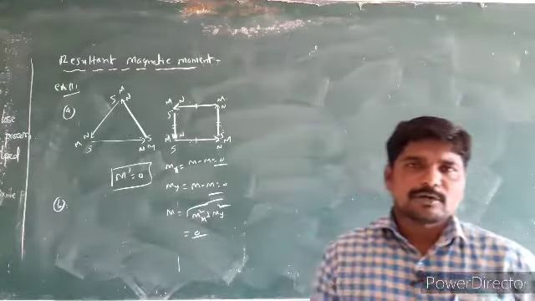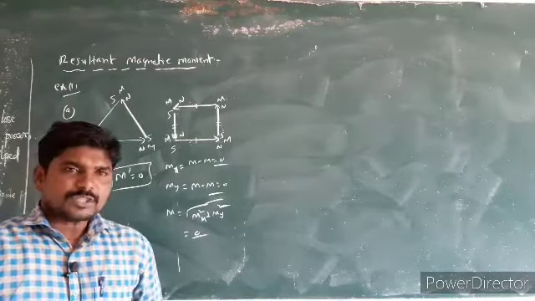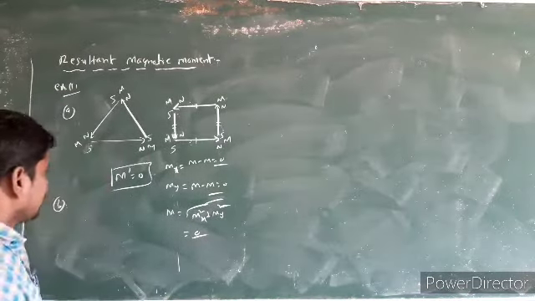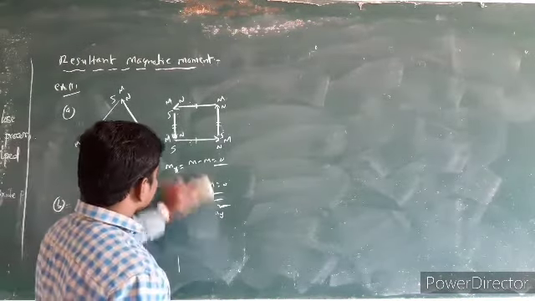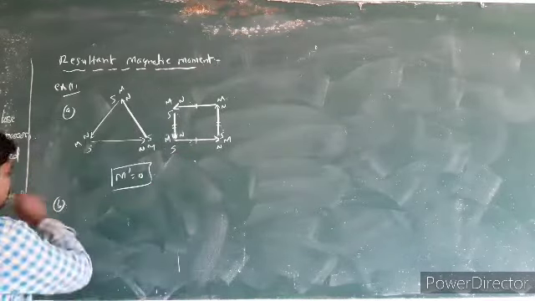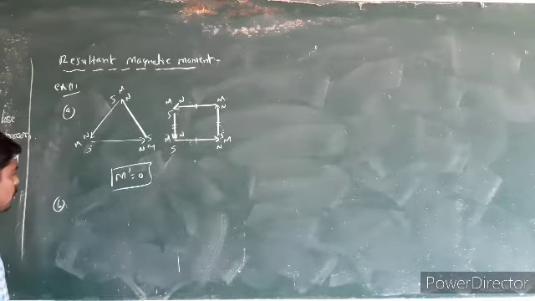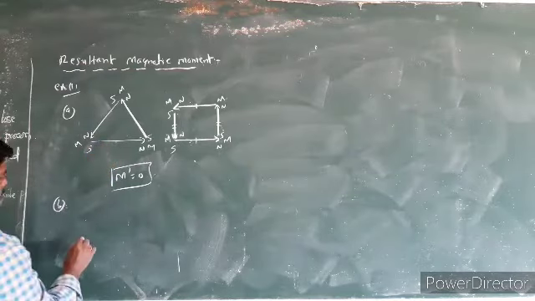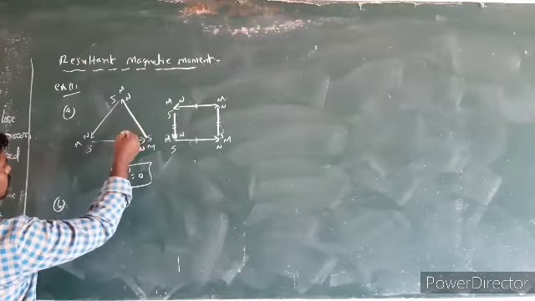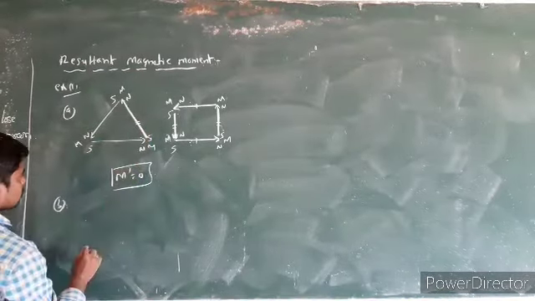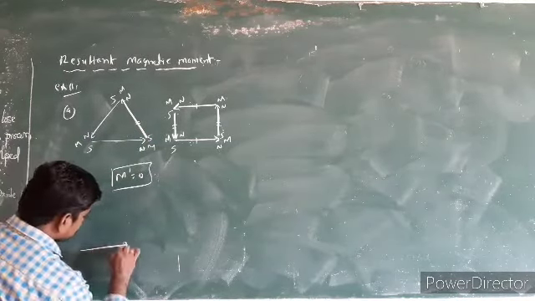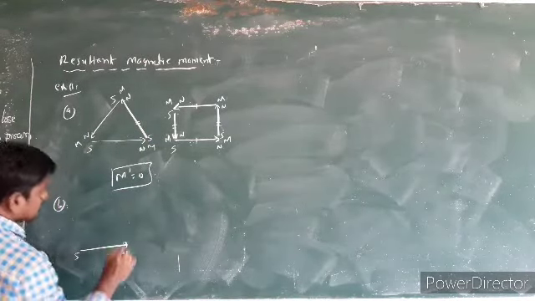Now for this continuation, if we reverse the direction of any one of the magnets, now here I am reversing the direction of this bar magnet. South, north, this is one.